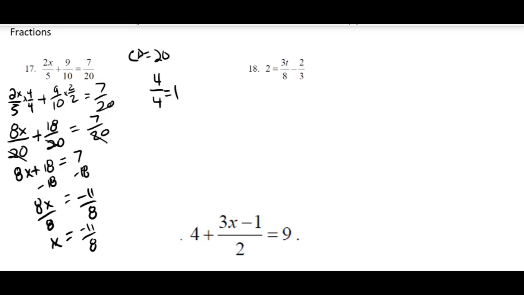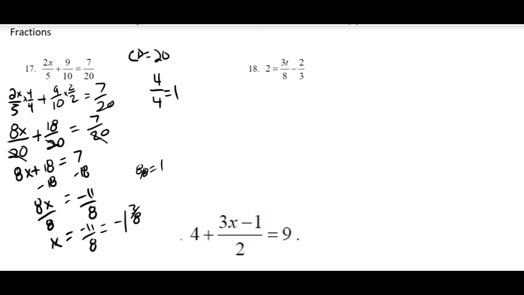Now, if this is a multiple choice quiz you're taking, hint, hint, maybe negative 11/8 is not an answer, but negative 1 and 3/8 is. How did I do that? Well, we know that 8 over 8 equals 1. So I pulled out 8 over 8 from the top, and that left me with 3 left over. So those are my two possible answers.